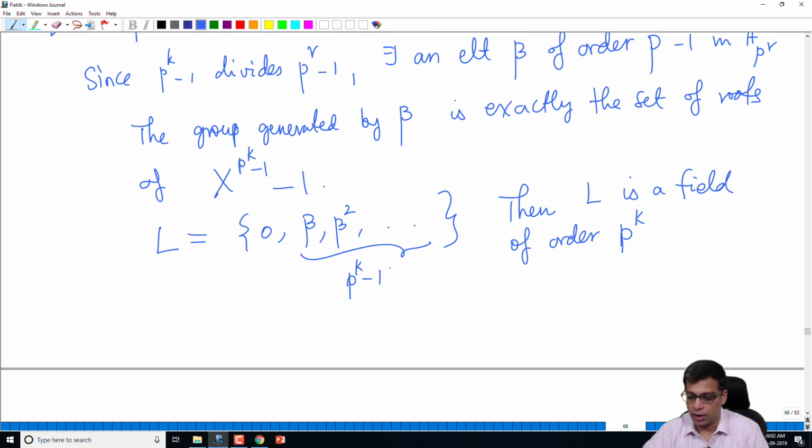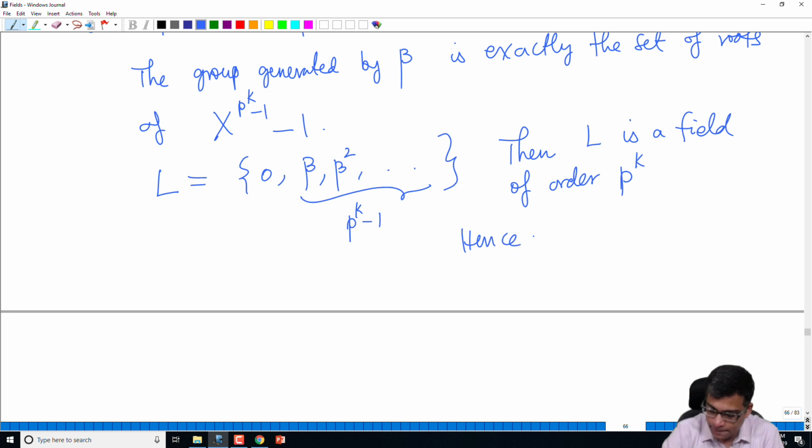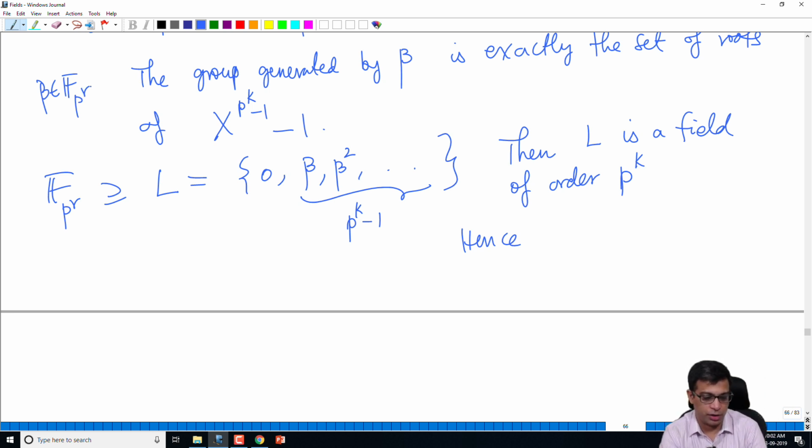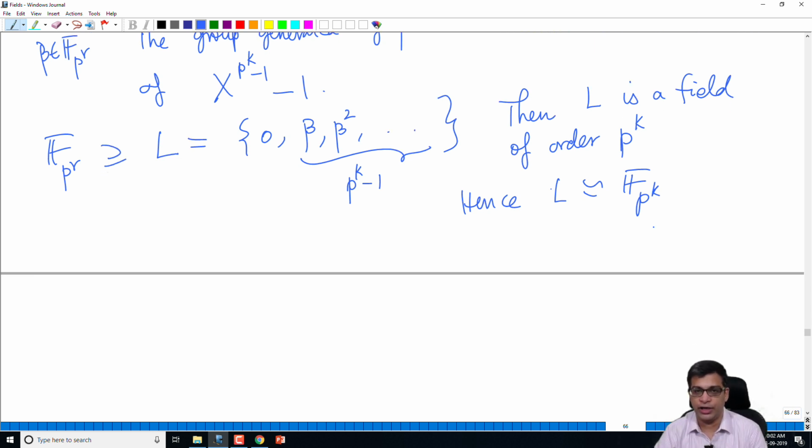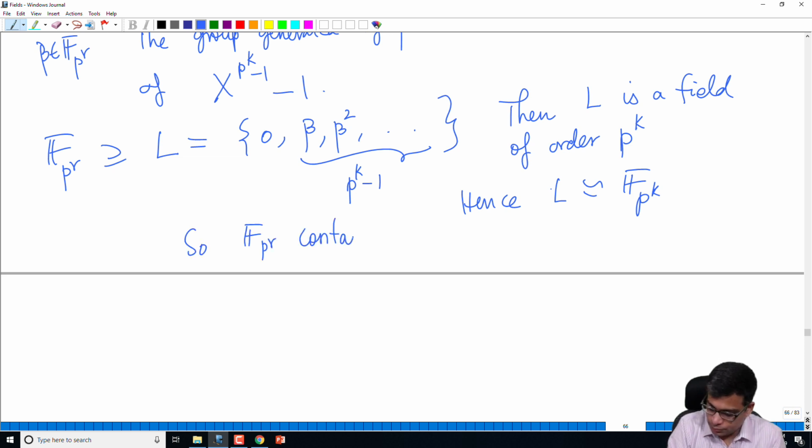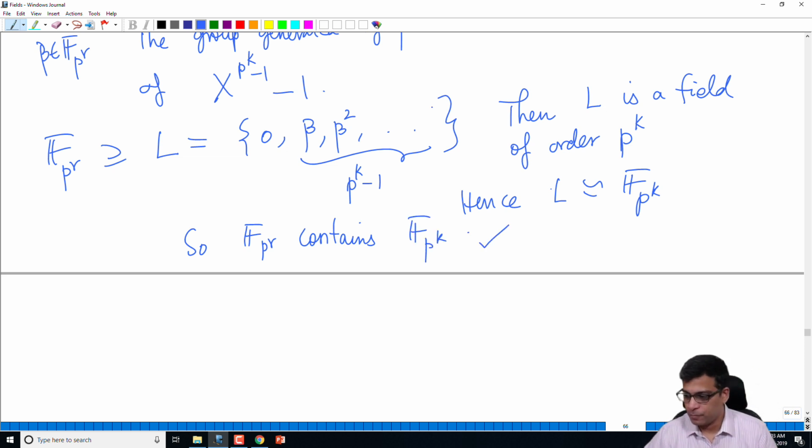L is of course in FQ, because these are all elements in F p power r. Hence L is isomorphic to F p power k, because it is a field of order p power k, so it is isomorphic to the unique field of that order. So F p power r contains F p power k.